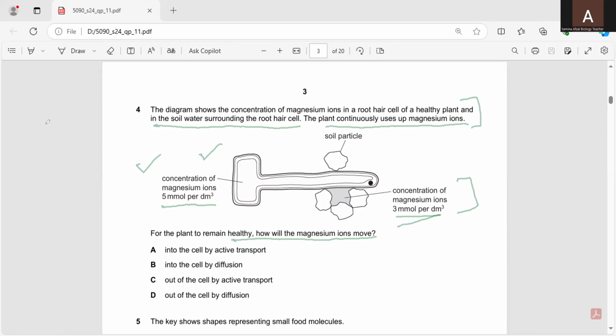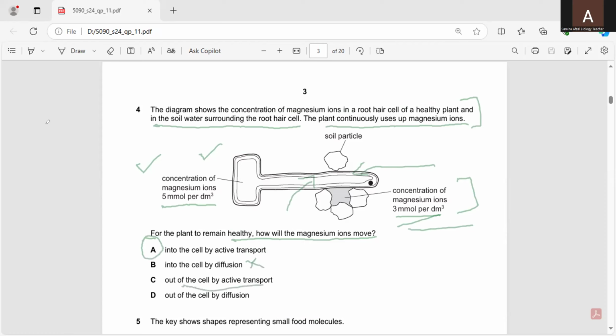So the answer can be A, because only in this case will these magnesium ions move into the cell by the process of active transport. As there is a concentration difference, with less concentration of magnesium ions outside, diffusion will not take place.